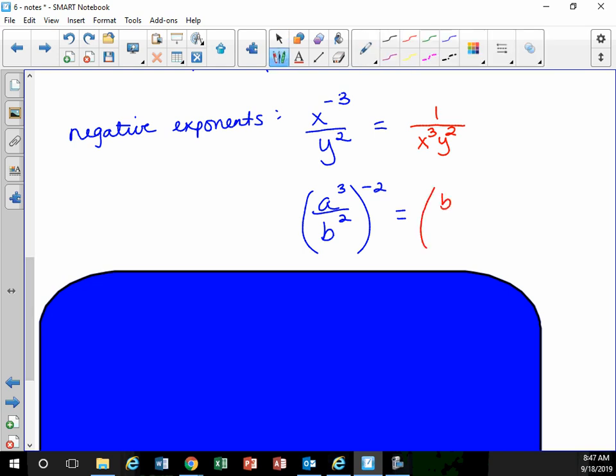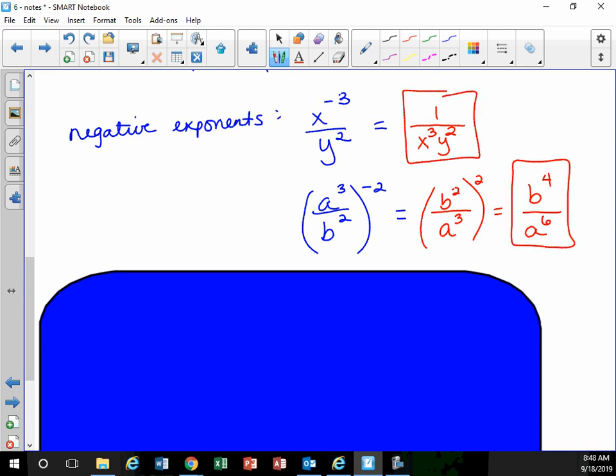So the b squared is actually on top and the a cubed is down below. And then it's still the whole quantity squared. But again, I'm fine with you going straight to the final answer of b to the 4th over a to the 6th. Okay. All right with that?